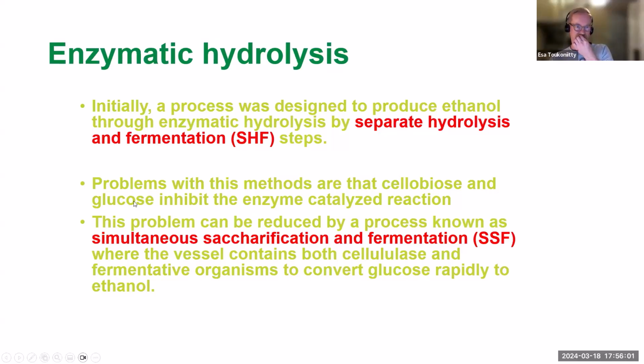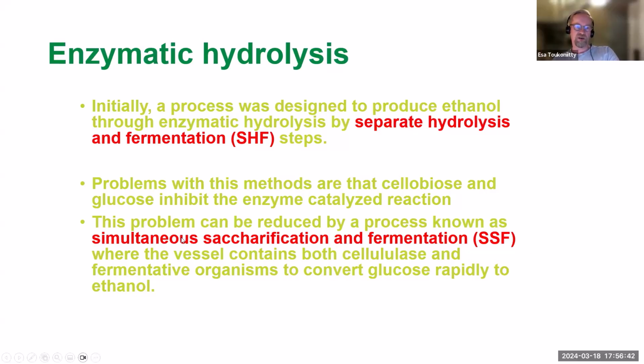This is quite typical for these reactions, that some formed chemicals can slow down the rates or inhibit the catalytic activity. And then the idea in that improved approach is that you aim to keep the sugar concentration low, and that is done in the simultaneous process in a way that you do at the same time the hydrolysis, so production of glucose molecule, and you do the fermentation which consumes the sugar molecules.